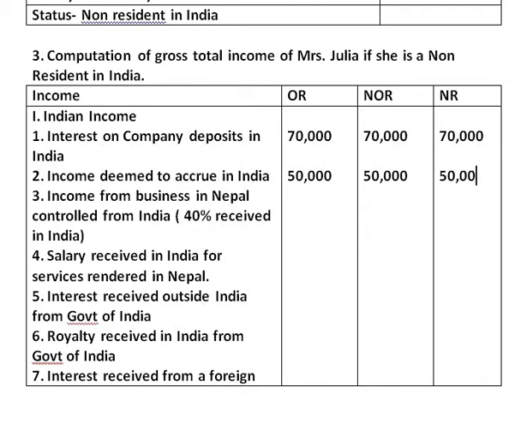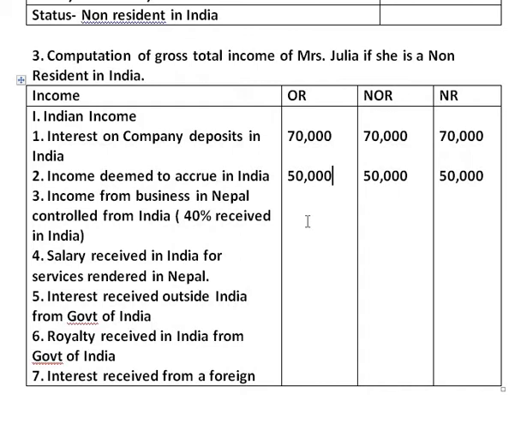Take down 50,000 in all the three columns. Third income is income from business in Nepal, controlled from India, but 40% is received in India. Any income which is received in India is Indian income. The income from business in Nepal, controlled from India, is given in the sum as 40,000, but only 40% is received in India.